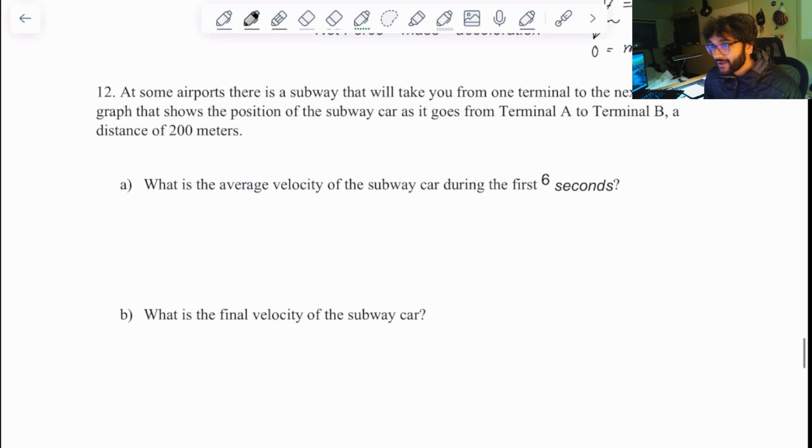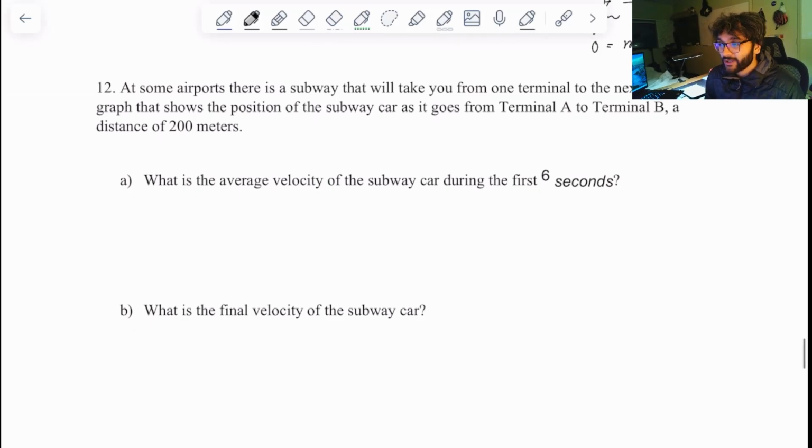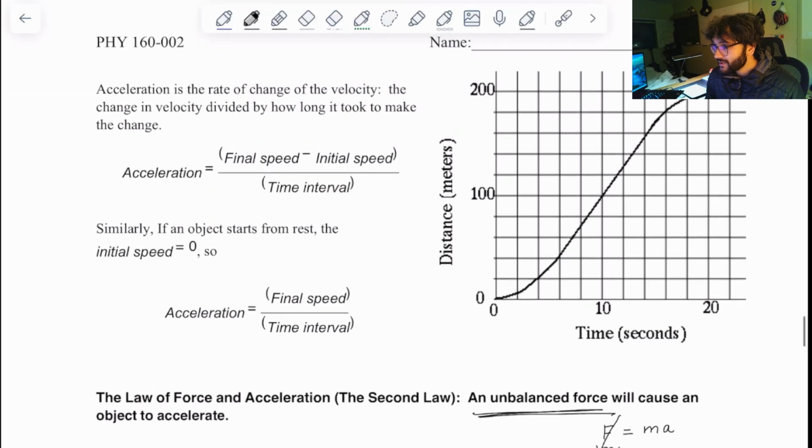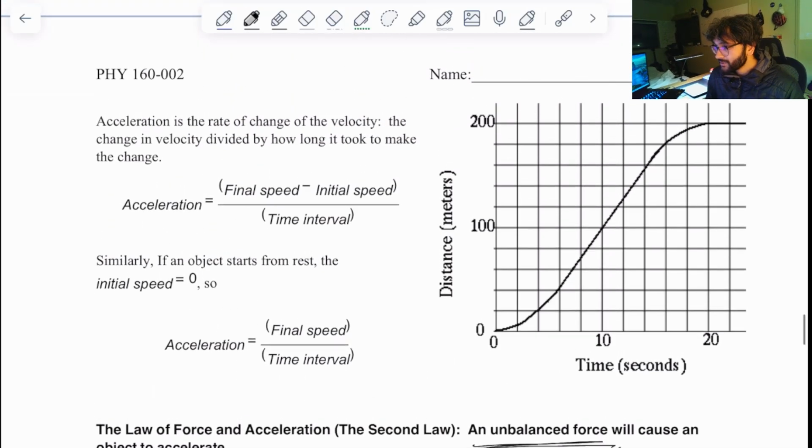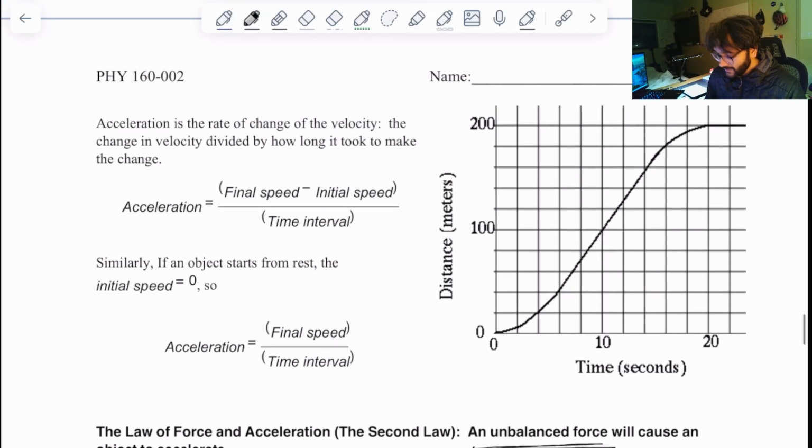Anyway, here's a graph that shows the position of the subway car as it goes from terminal A to terminal B. As we can see, it goes from 0 to 20, so it takes 20 seconds to get there, and the distance between the two terminals is 200 meters.